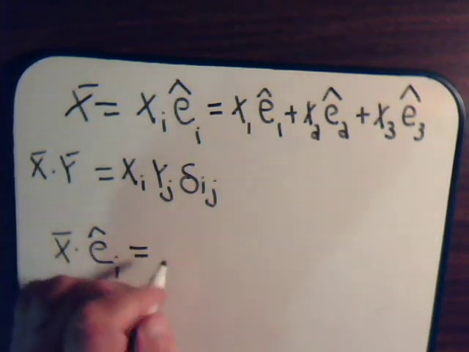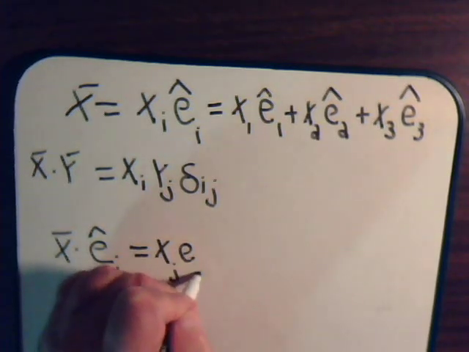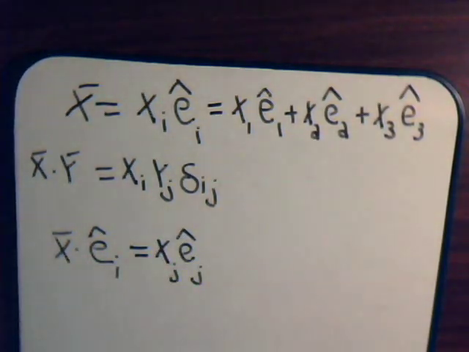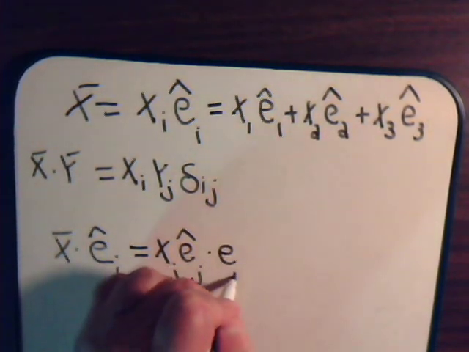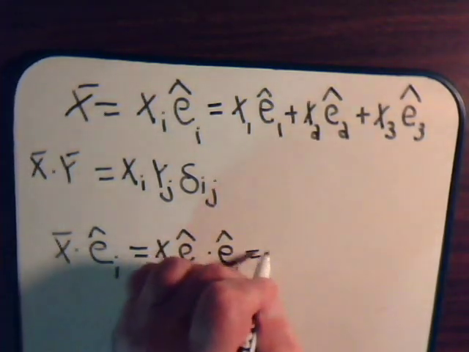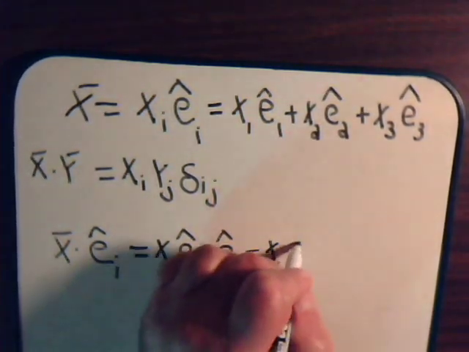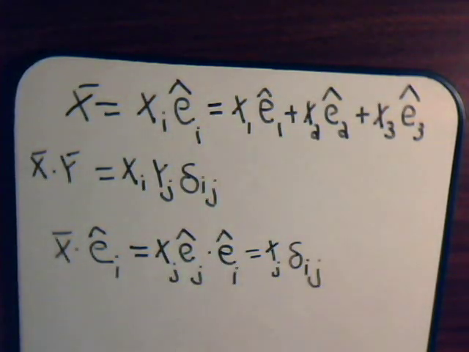Vector x we could write like this, say xj ej, and then we'll take the dot product of this with ei. Now here we're going to get the Kronecker delta symbol, xj delta ij. This could be written delta ji or delta ij, doesn't matter. It's going to be the same thing. But this is 0 unless j equals i, then it's 1.